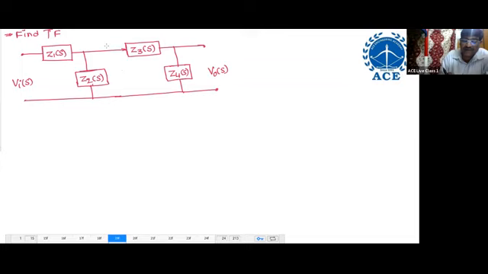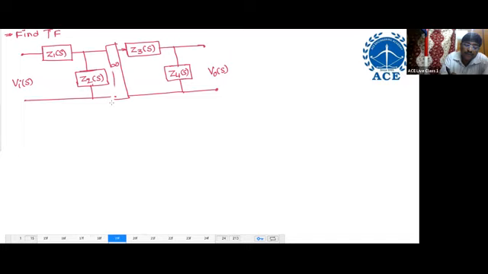If you want to divide, you can divide if the stages are isolated like this. For example, here connected with infinite resistance. Infinite means the two stages are isolated. There is no link. Open circuit. Then we can divide the networks, find this transfer function, find that transfer function, and multiply both with this gain, then you will get the answer.